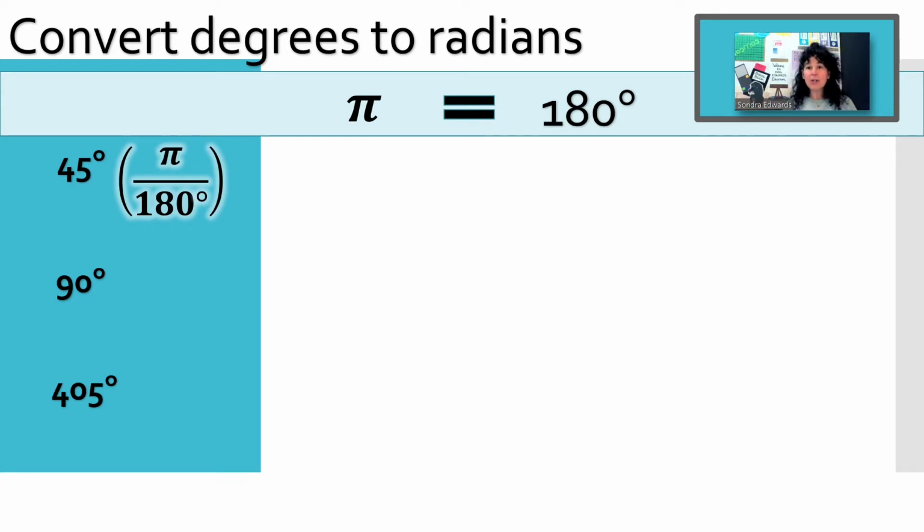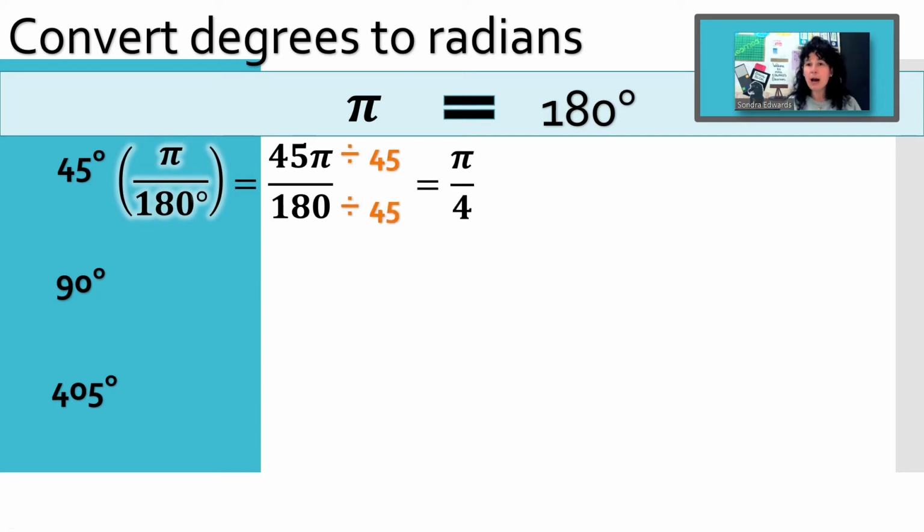Okay, now all we do is do that multiplication. When you multiply straight across, the degree labels cancel out, and then we can simplify a bit further. I could divide the numerator and denominator by 45, and we end up with pi over 4. So 45 degrees is equivalent to the angle measure pi over 4.